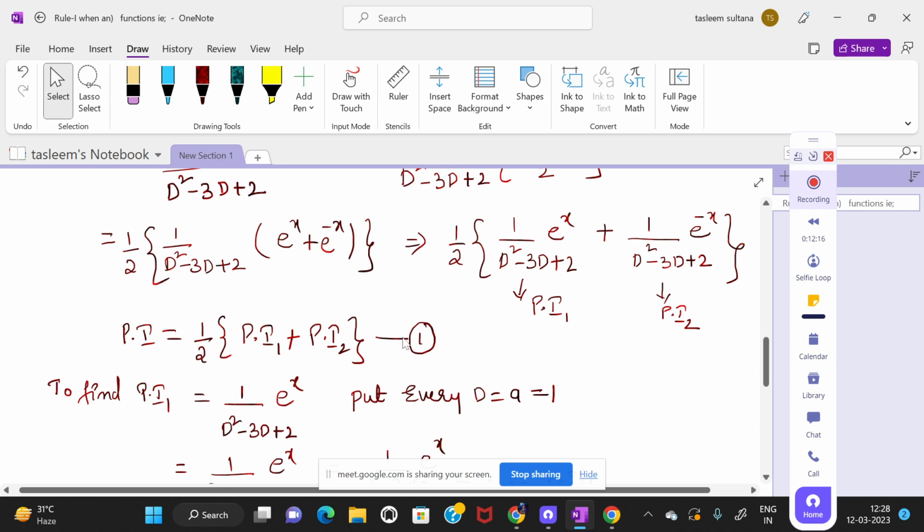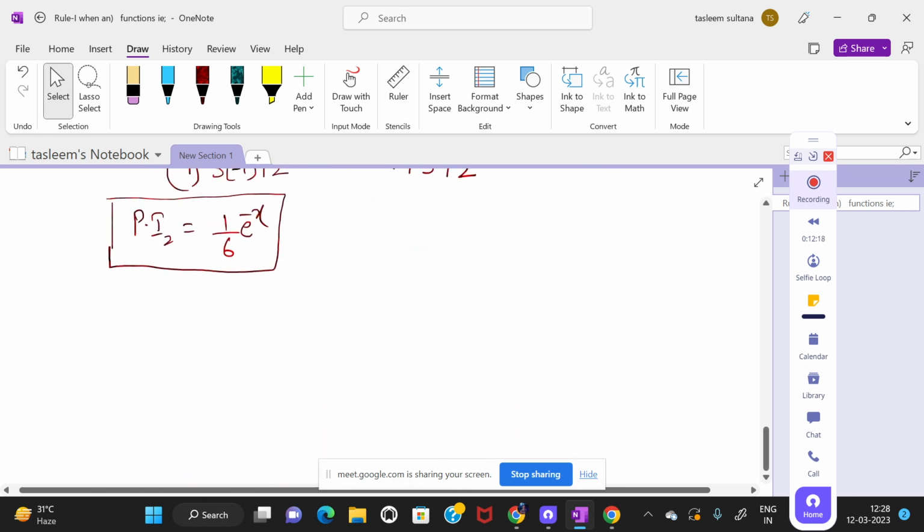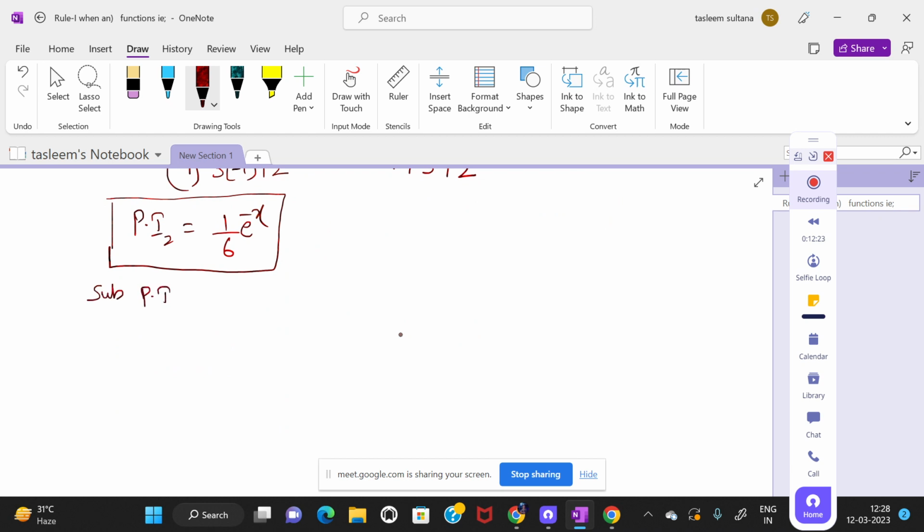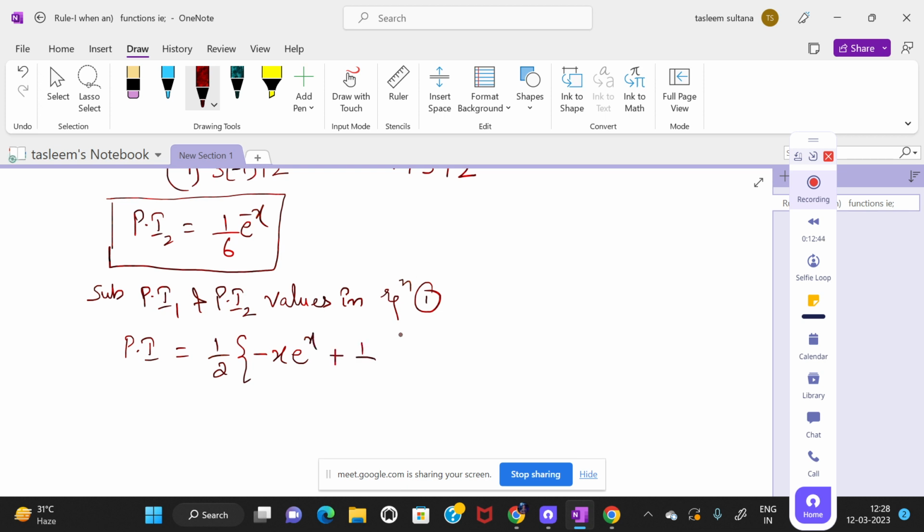Substituting pi1 and pi2 values in equation number 1, my required pi equals 1 by 2 of minus x e to the power of x, that is the first pi value, then plus 1 by 6 e to the power of minus x. This is the required pi.